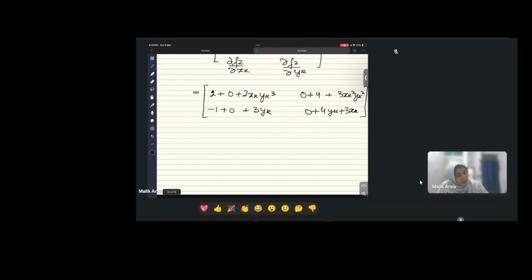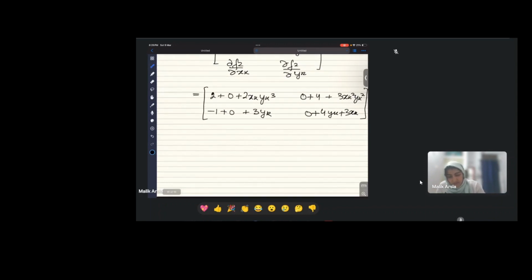So my answer is 2, 4, minus 1, 0. Yes, that is correct. Now the Jacobian at (0, 0), substituting that, we get 2, 4, minus 1 and 0.